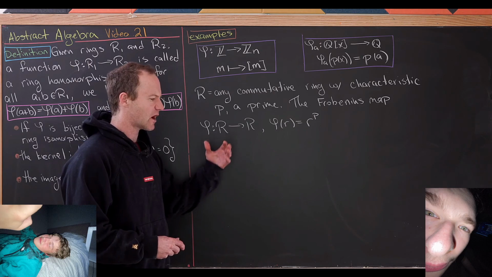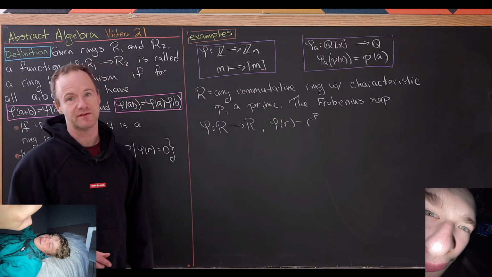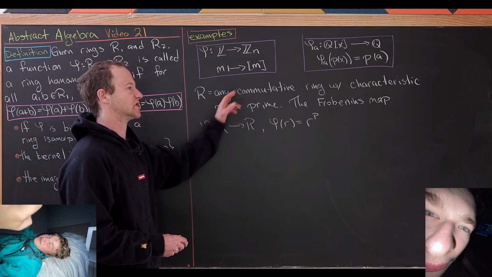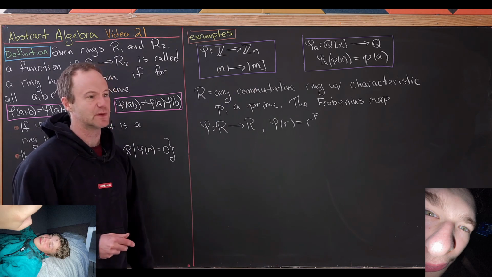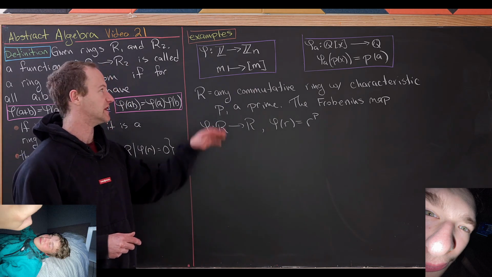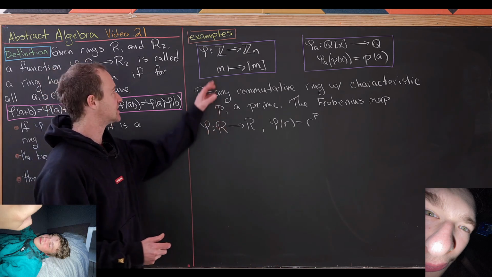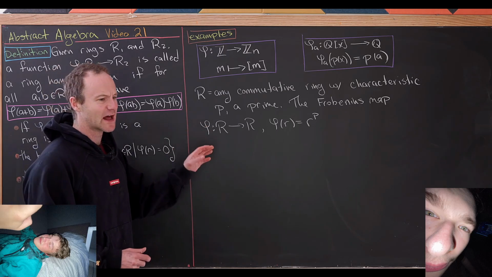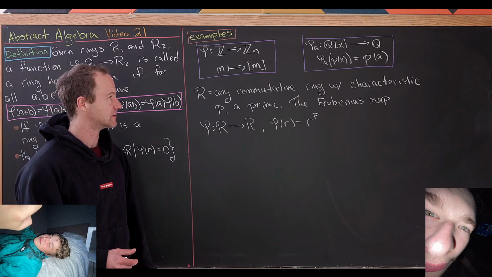If we're not working with Z along with Zn, we often leave off the brackets of the equivalence class, but sometimes just to really make sure we know what we're talking about, we include them. Based off of some things we proved earlier about how the equivalence classes work with addition and multiplication, this is a ring homomorphism. Maybe write out the details and you'll see the need for those results that we had previously.